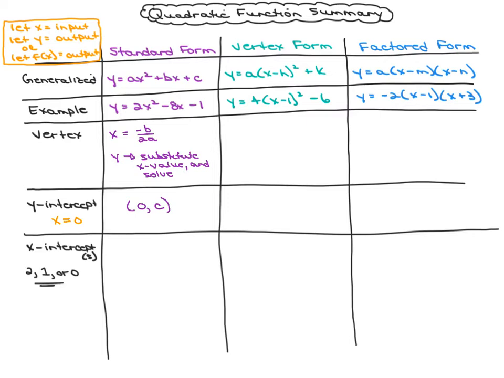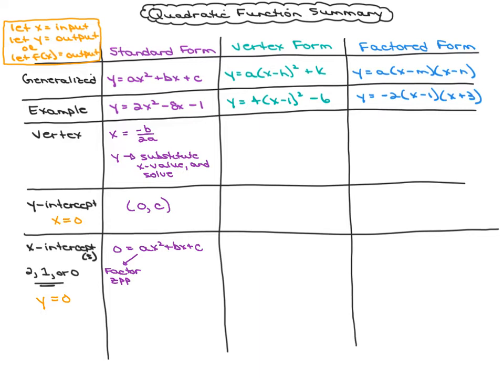Finally, for the x-intercepts, the reminder here is that y is always equal to 0. So when y is equal to 0, we have 0 is equal to ax squared plus bx plus c. Beautiful quadratic equation set equal to 0, and we have three strategies. First, see if you can factor. If you can, then you can use the ZPP, the zero product property.